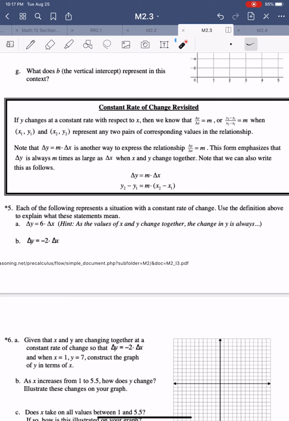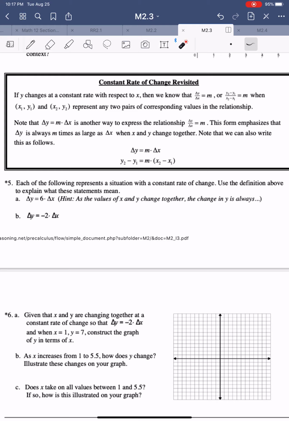So the change in y is always equal to the slope times the change in x. Delta y is equal to m times delta x, where delta y is y sub 2 minus y sub 1, and delta x is x sub 2 minus x sub 1.